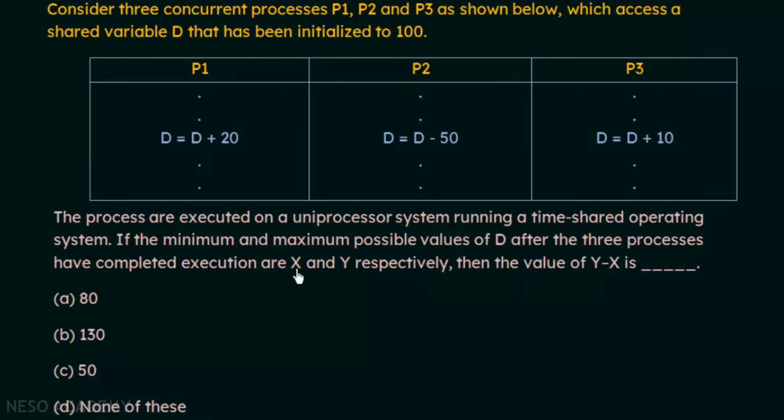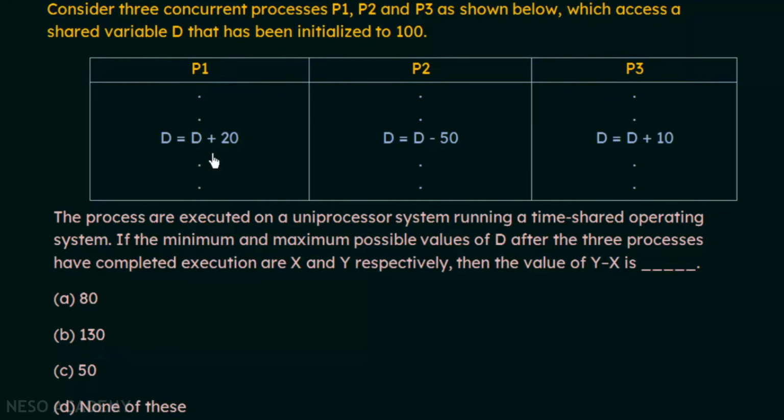Here x is the minimum possible value and y is the maximum possible value. What is the value of y minus x? That means what is the difference between the maximum value and the minimum value? We have three options: 80, 130, 50 or none of these. So let us see how we can solve this.